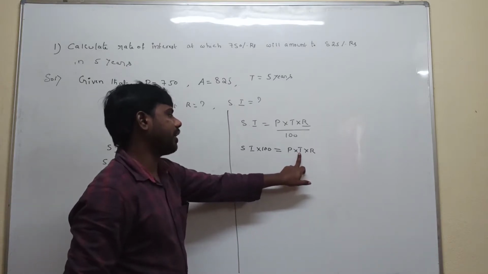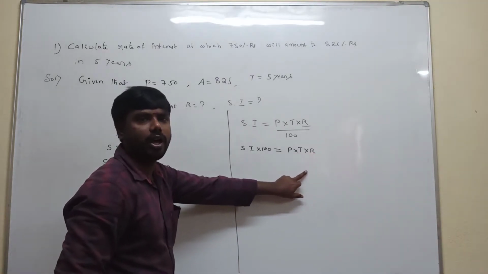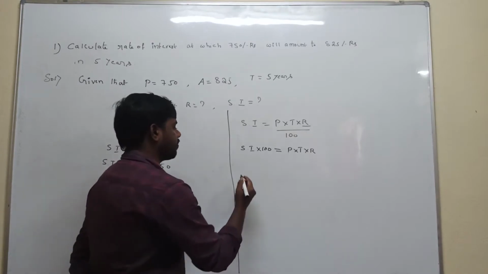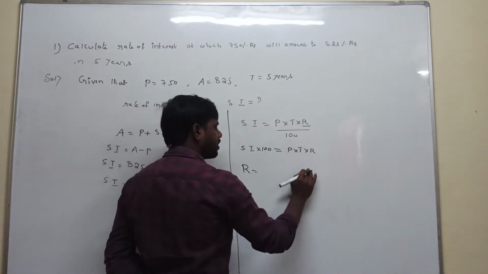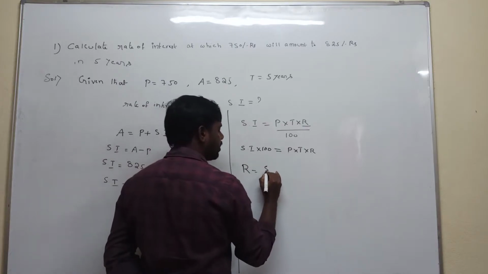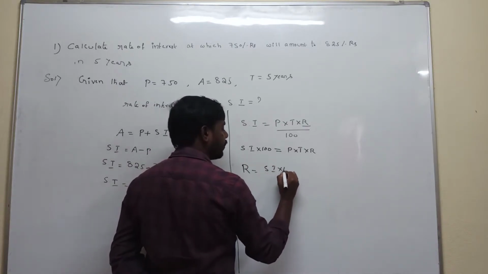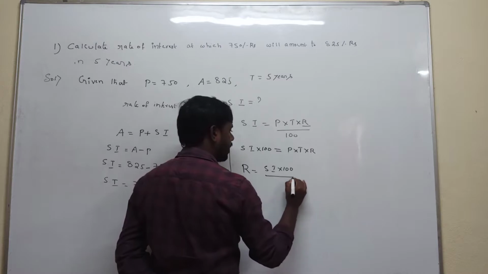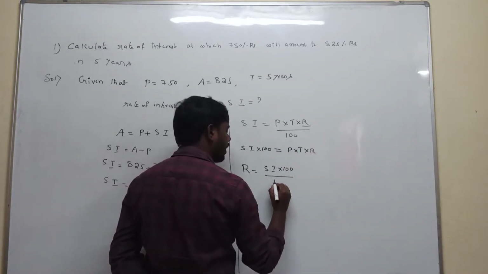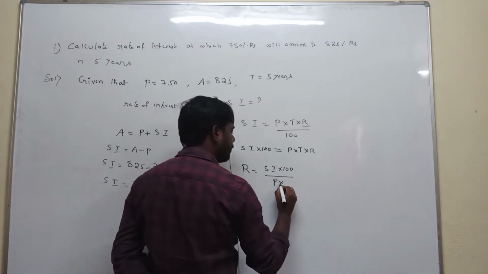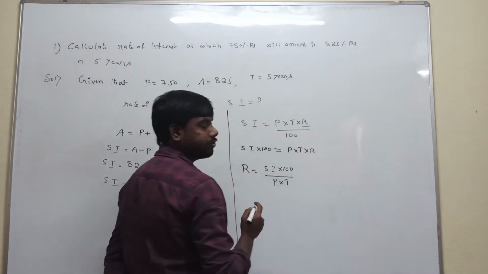P and T can be taken from RHS to the left hand side denominator. That's why capital R is equal to simple interest into 100 divided by P and T, which go to the left hand side denominator, into T.